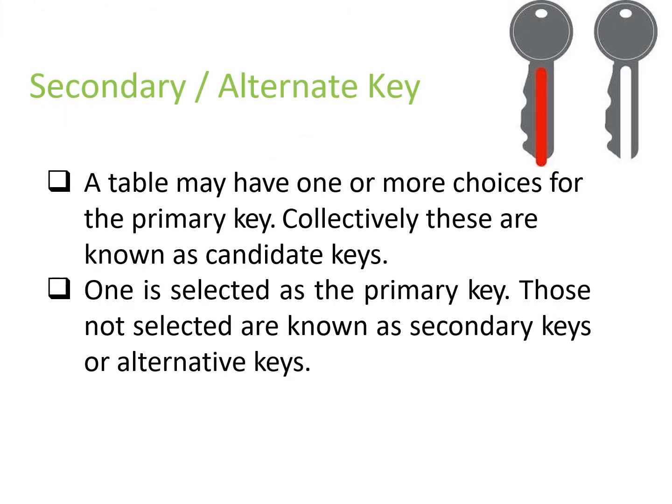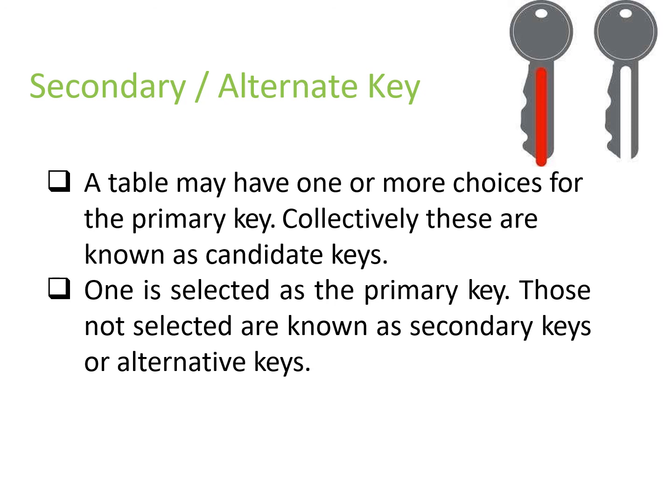Secondary or alternate key: a table may have one or more choices for the primary key. Collectively, these are known as candidate keys. So if there are more choices for the primary key, then these are the candidate keys. Why are they known as candidates? Because they have to struggle for the election of primary key.